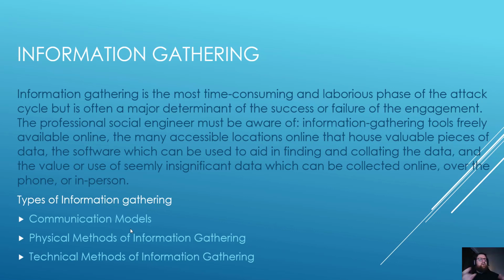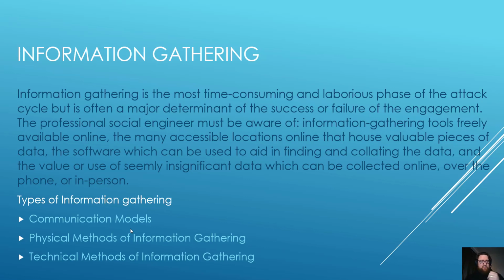They have a server on premise or on the cloud, what kind of mail server they have, and it takes a lot of time. And as said here, it's the major determinant of the success or failure. You know your target, you have all the information necessary.